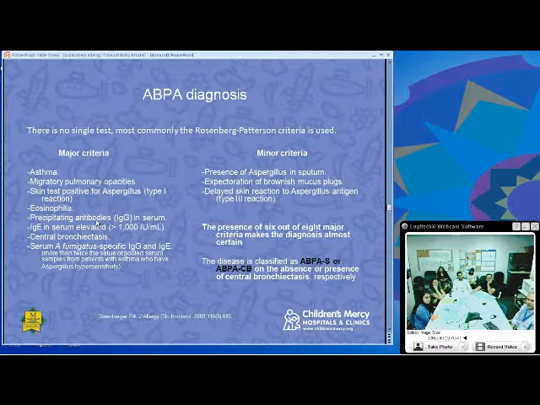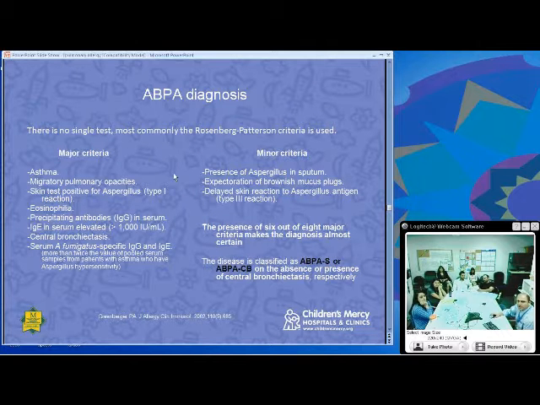Then we have the minor criteria, which is aspergillus in the sputum. We grow aspergillus in the sputum in many patients that are healthy, so that's why it's part of the minor criteria. Brownish mucus plugs. The minor criteria are, I think, just supportive criteria, but really non-specific.